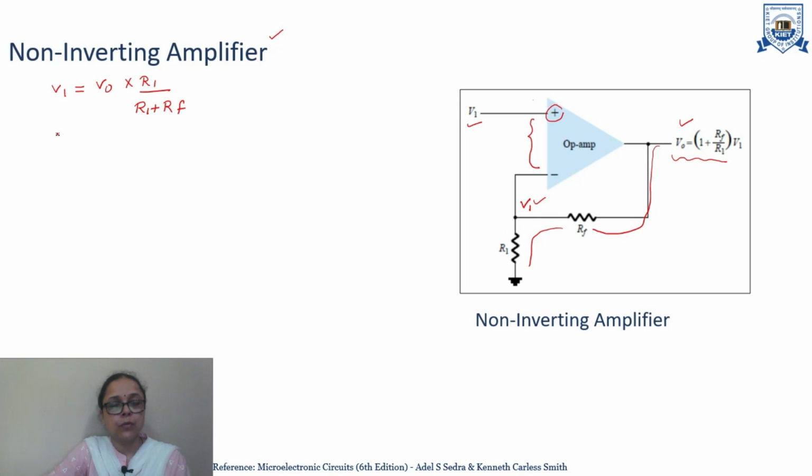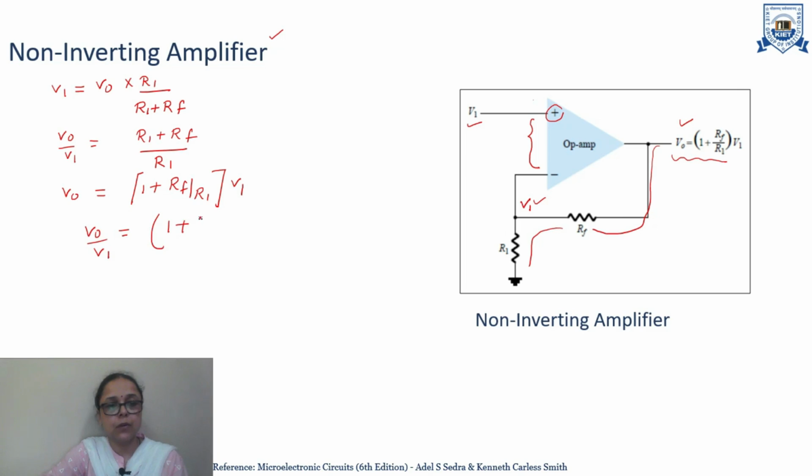So VO by V1 will be (R1 plus RF) divided by R1. So VO can be written as (1 plus RF by R1) multiplied by V1. So this is the expression for the gain of the non-inverting amplifier. It will be 1 plus RF by R1.